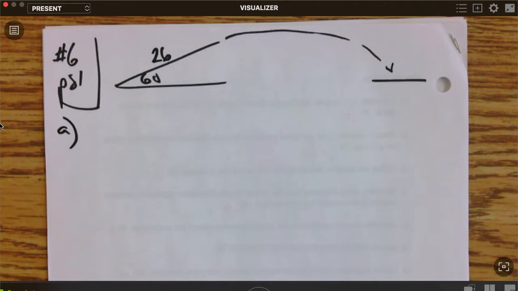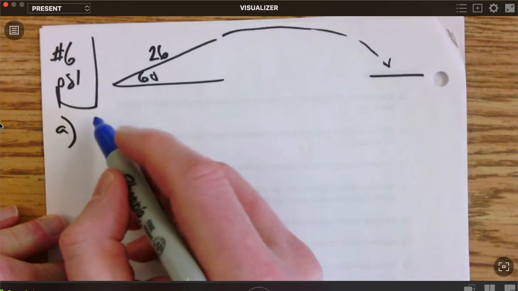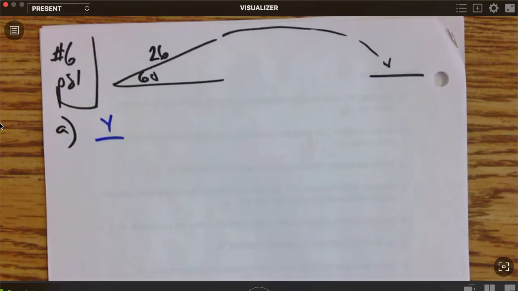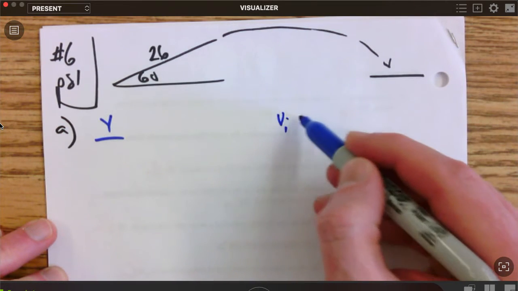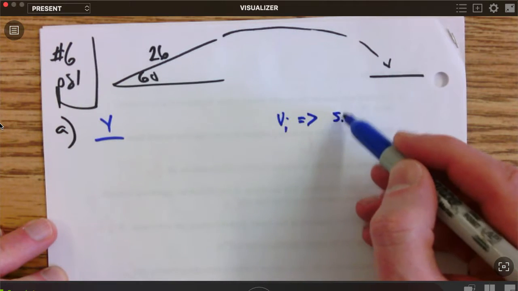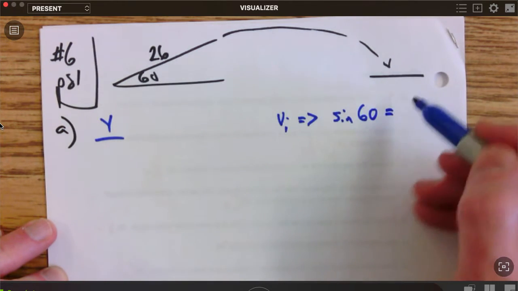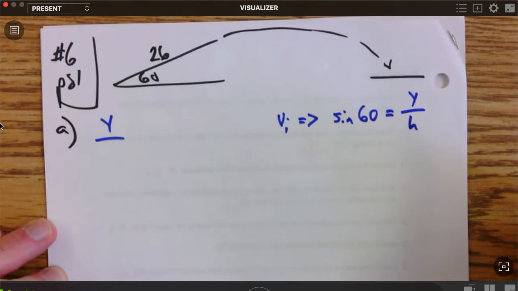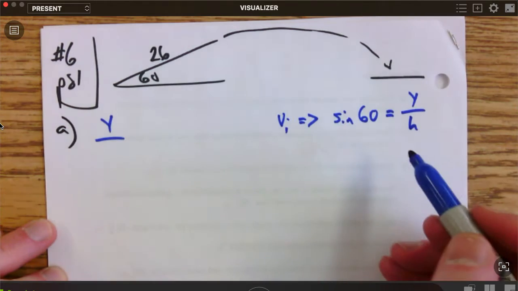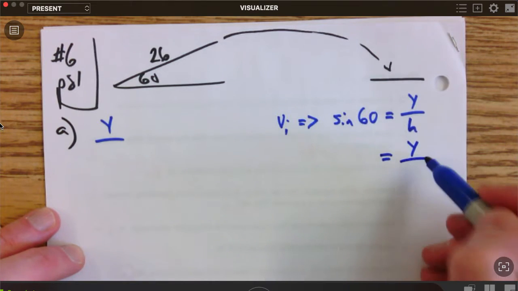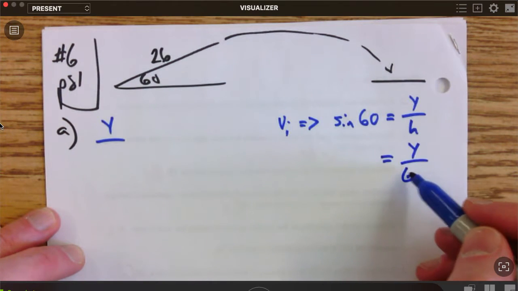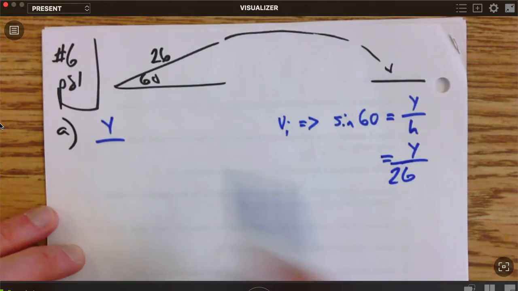So first, maybe I'll use blue for the y components, and I'll use red for x. Anyways, the initial velocity: sine of 60 equals y over h. I don't know why I put y over h when I could have said y over 26.